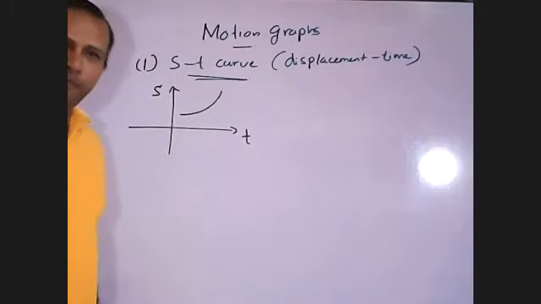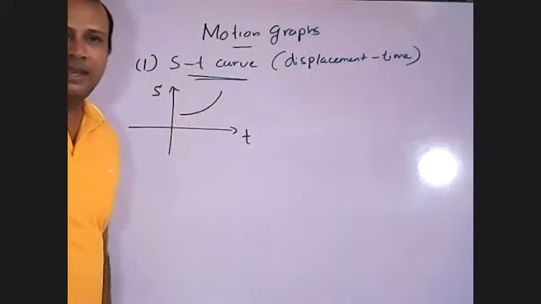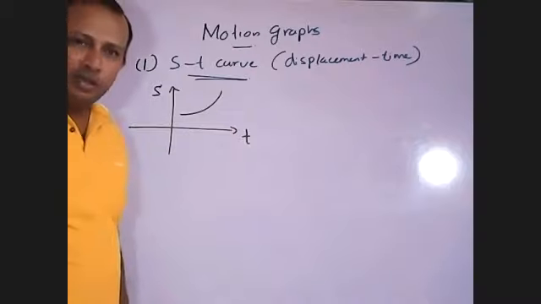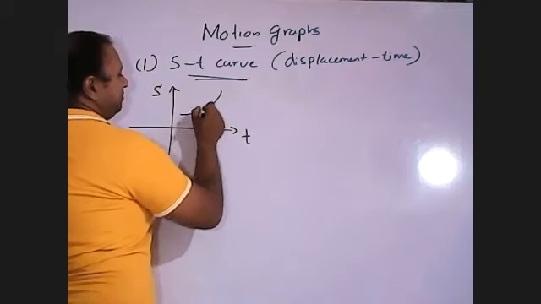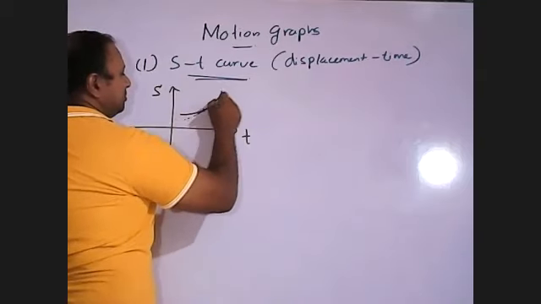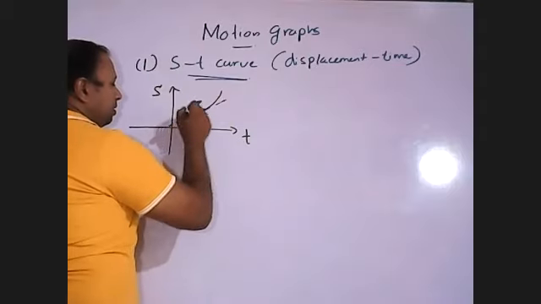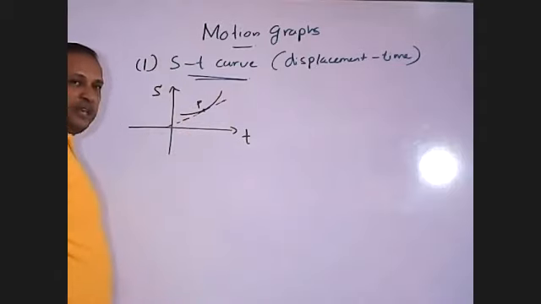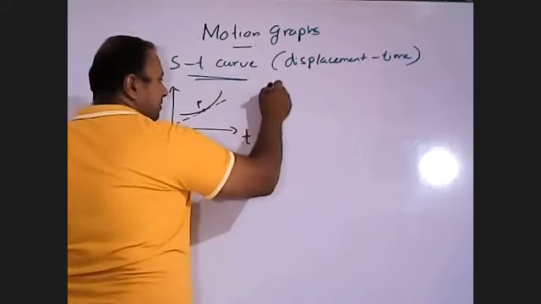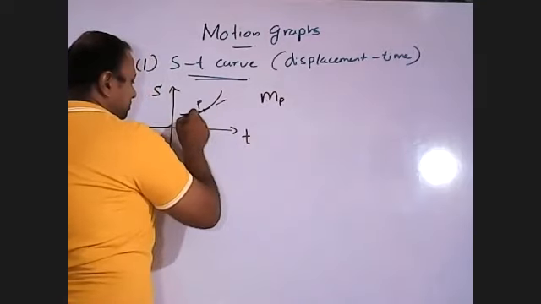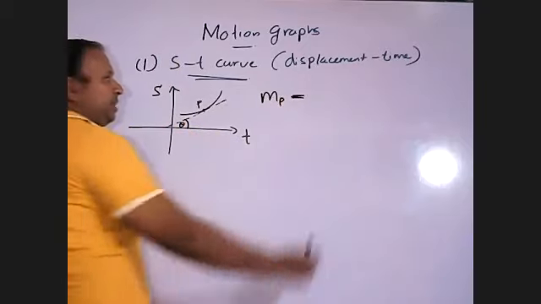Now we have proved that thing in our previous section, but now I'm going to do it again. So sorry, gradient at P. The gradient at P means it is equal to tan theta.